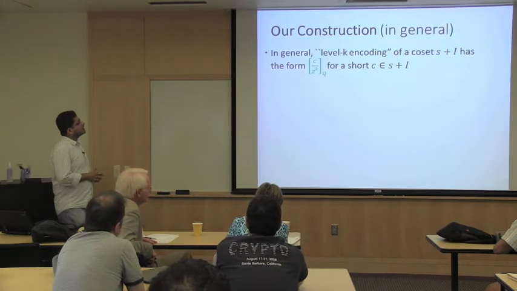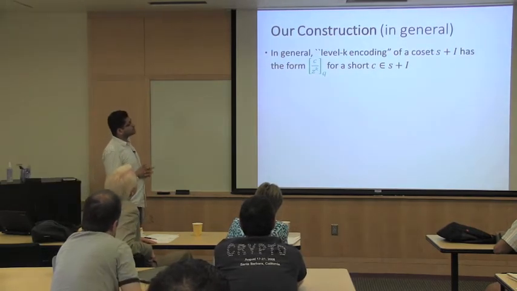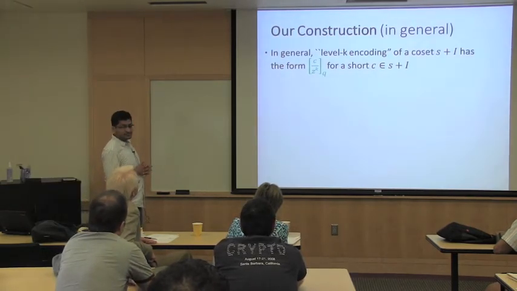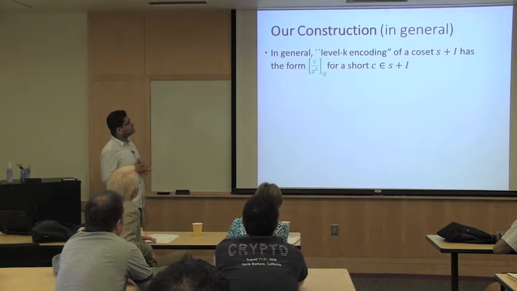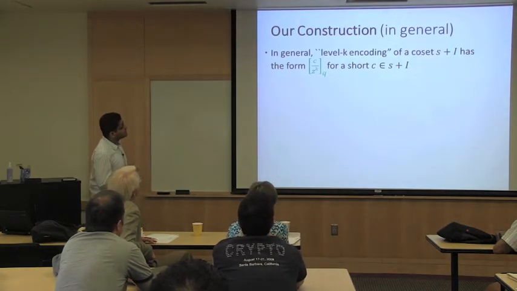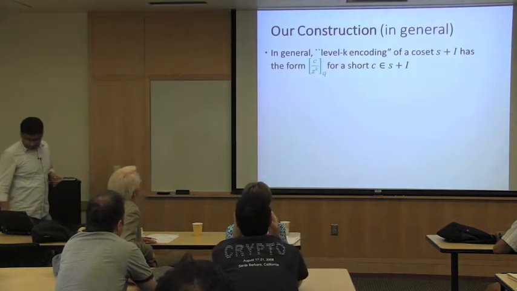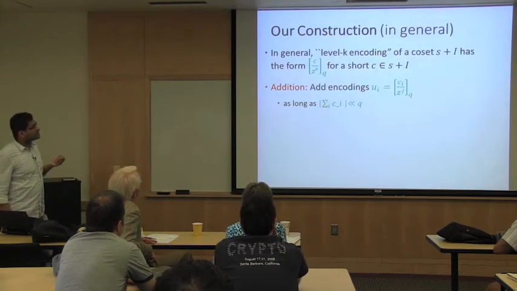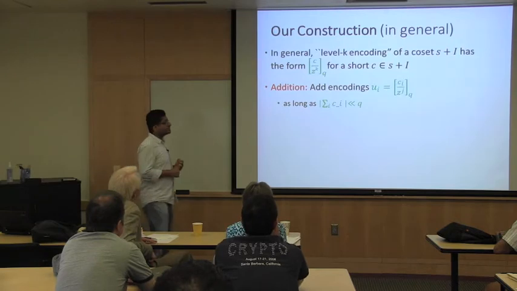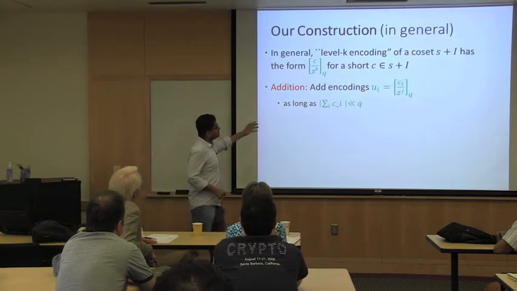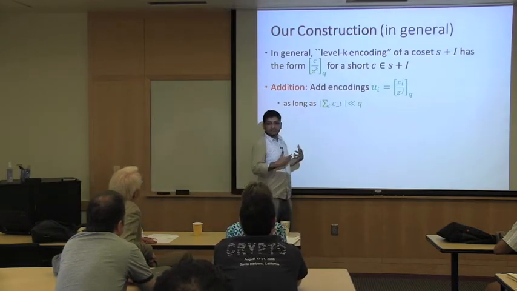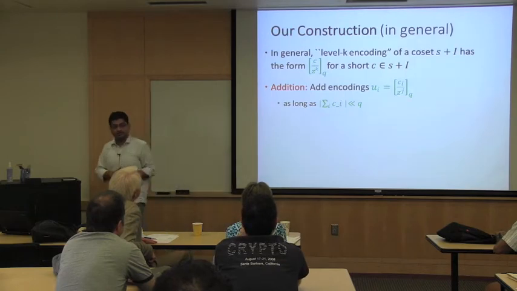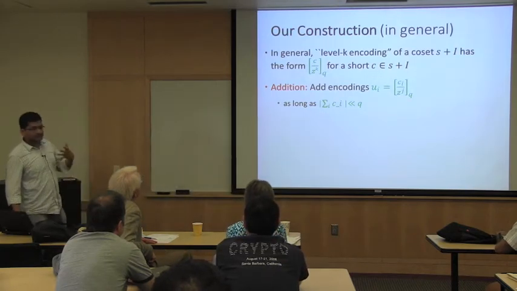Okay, so in general, a level K encoding of the coset S plus I looks like C by Z to the K, where C is a short element in the coset S plus I. An addition at level J can be done by just adding the encodings at level J. And if the sum of the numerators still remains small, then you will have a valid encoding.